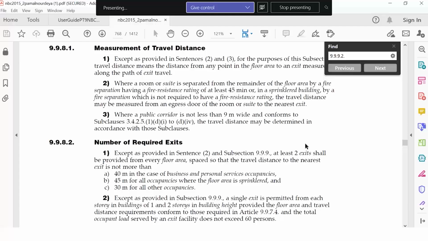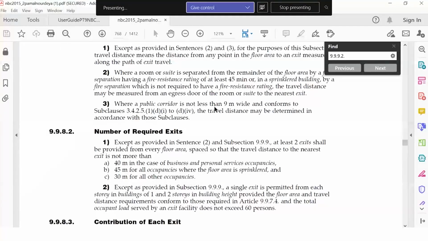You need to double check your travel distance within the room to the egress door, and also your travel distance from the door of the room to the exit, if you have a sprinklered building, or a 45-minute separation for the unit compartment or the room compartment. If there is no 45-minute separation and no sprinkler, your travel distance must be measured from the inside of the room to the nearest exits.